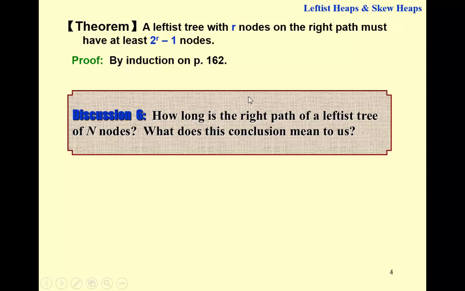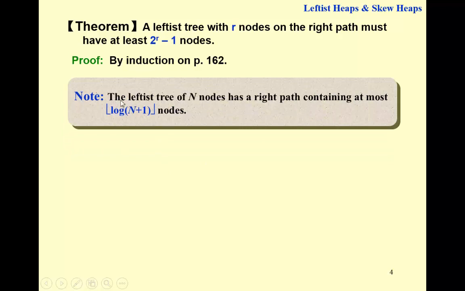That's very important. It means that if we have n nodes in a leftist tree, then its right path has at most log of n plus 1 nodes, which means the right path length is big O of log n.